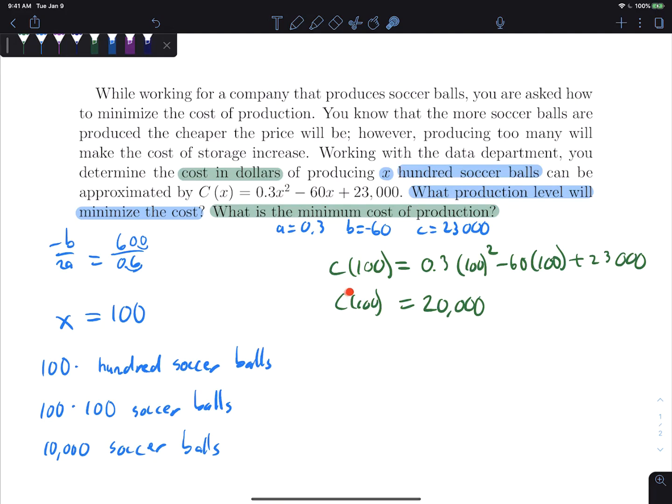And the function itself is the cost in dollars, so this is actually going to be $20,000.